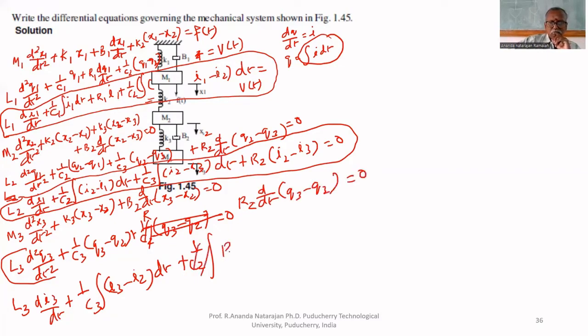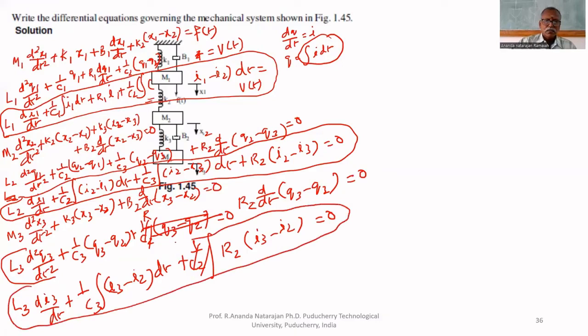That is equal to R2 multiplied by (I3 minus I2) equal to 0. If you consider these three equations, we can draw the electrical analogous of the mechanical system.